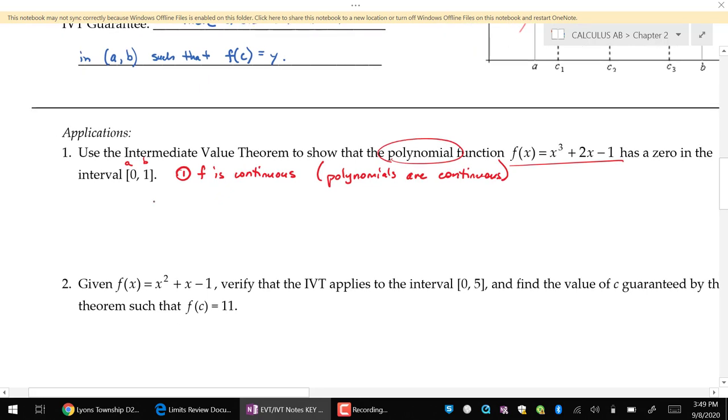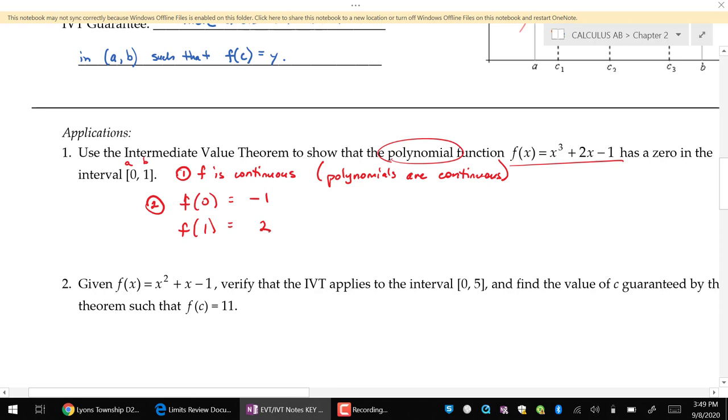Now let's check betweenness. So my endpoints, or the lower and upper bounds, are going to be 0 and 1. Let's find out what f of 0 is. Let's find out what f of 1 is. F of 0 is -1, and f of 1 is +2.